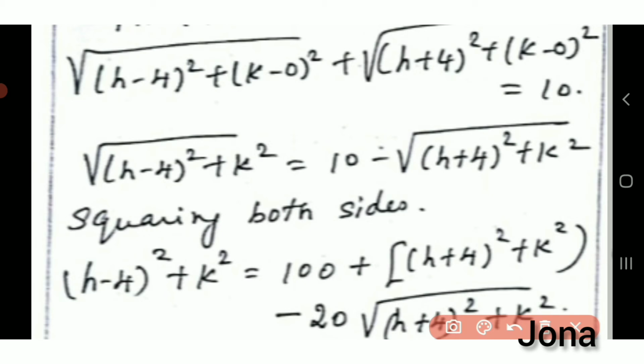So here we take the second term to the other side, so it becomes 10 minus root of (h + 4)² + k². Squaring on both sides, on the left hand side we can remove the square root.